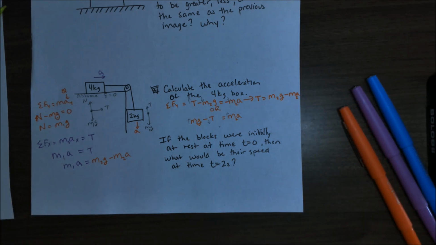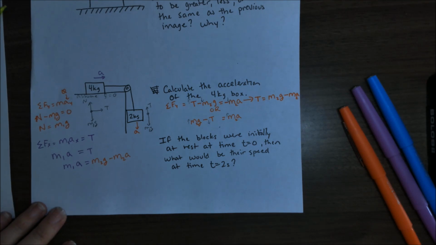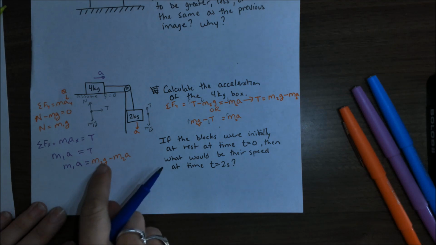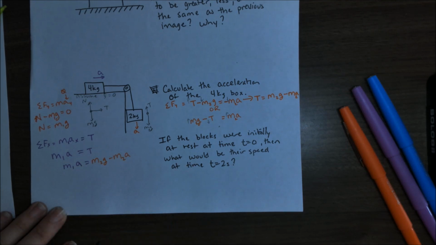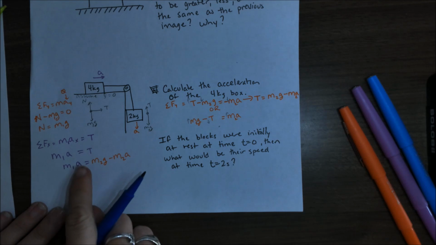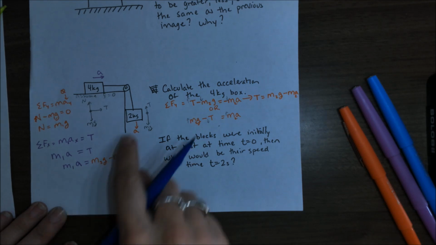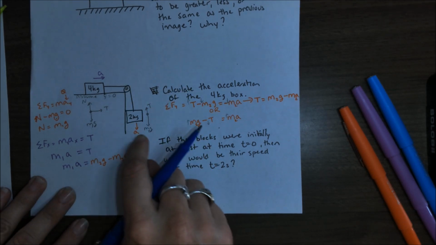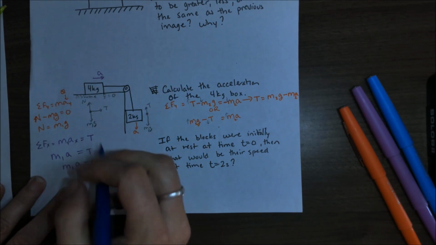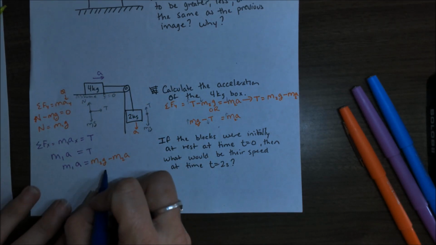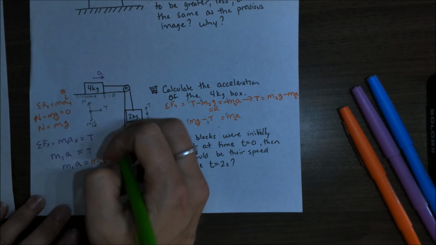So in algebra, our math teachers would tell us to combine like terms. M1, M2, M2, those are not like terms. Gravity does not have another term, but the acceleration does. The amount that this box pulls down is going to be the amount that this one pulls over. So my acceleration is the common term. I'm going to try to move them and get them on the same side.